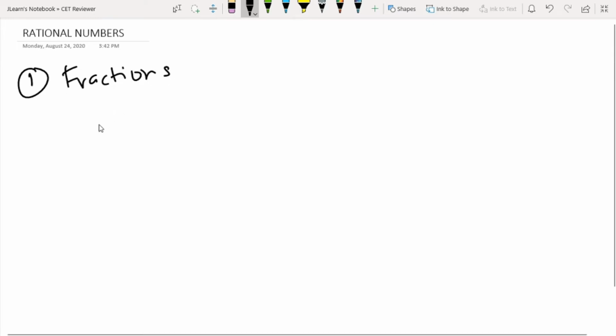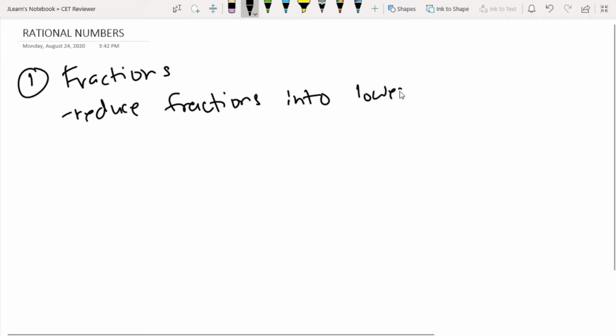Okay? So the first thing that we need to learn about fractions is how to reduce fractions into lowest terms. Okay? So to reduce fractions into lowest terms, kailangan natin muna malaman kung ano bang meaning ng lowest term.